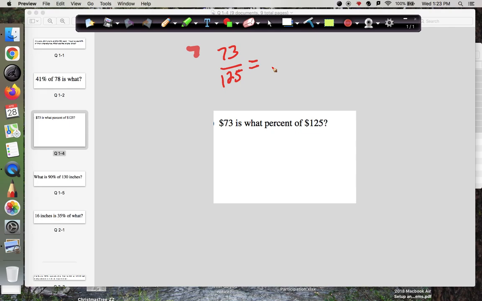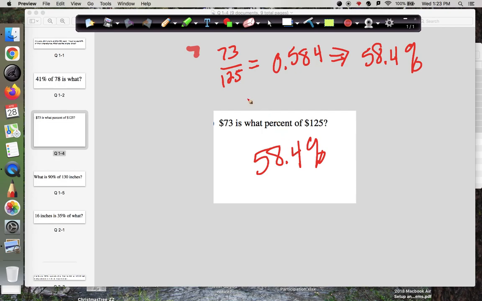So if I do 73 divided by 125, what I get is the decimal 0.584, so 584 thousandths, and if I change that to a percent, that's 58.4%.